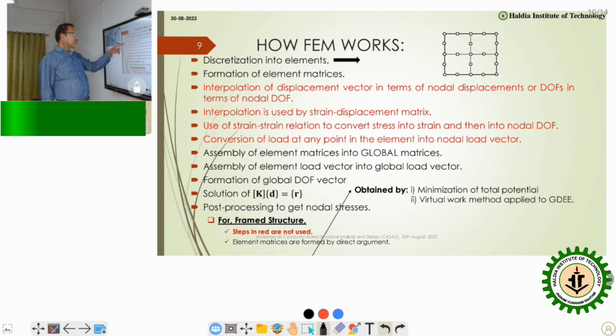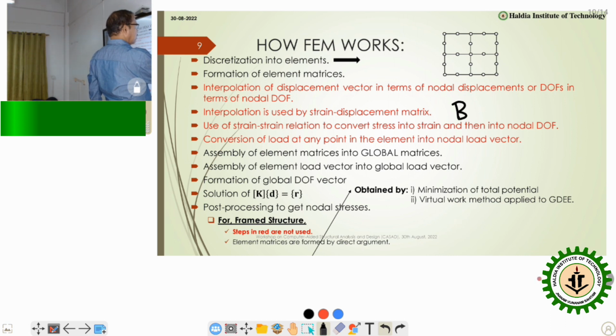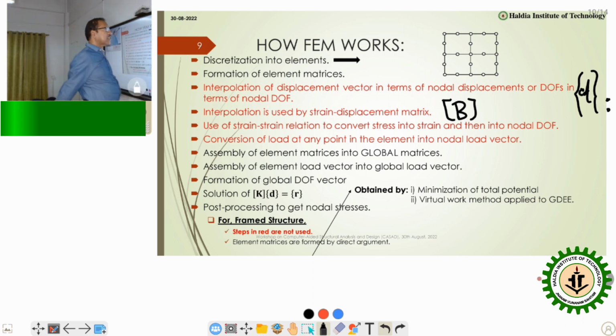So the interpolation of the displacement vector has to be written, and then comes the strain displacement matrix, popularly known as the B matrix. The degree of freedom matrix can be written as the D vector. This is not a matrix, this is a vector, meaning it has a single column.